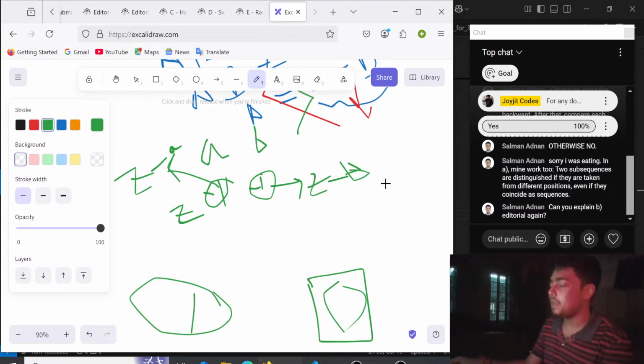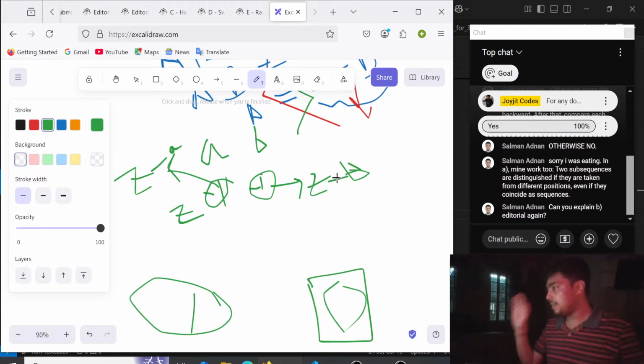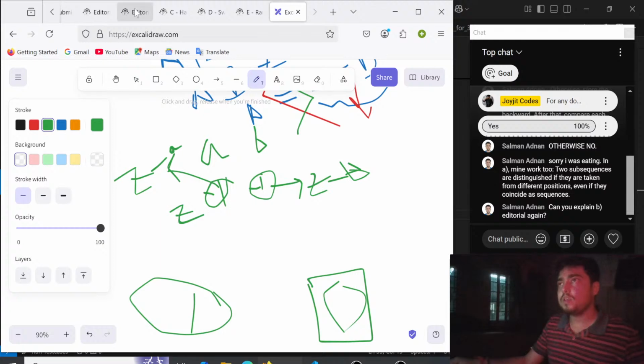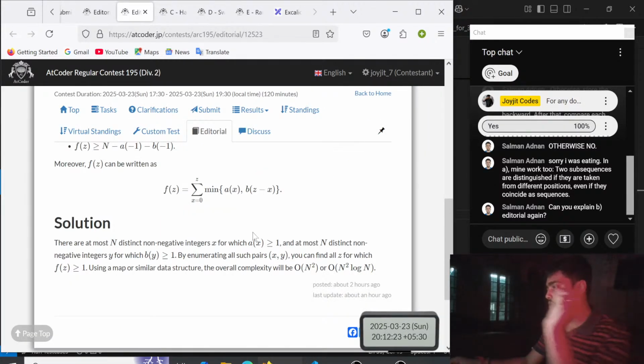Similarly, it may happen that in the second array there are some elements which are non-negative, but in the first array there are some -1, so we can pair them. So basically it is a valid condition if after you first pair using this formula. Just try to understand, I'll sequentially tell you what we are doing.